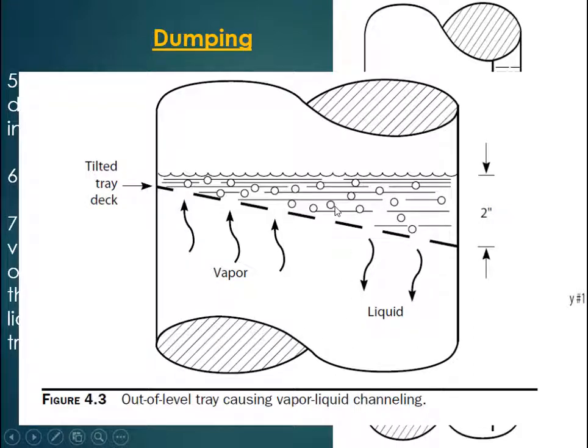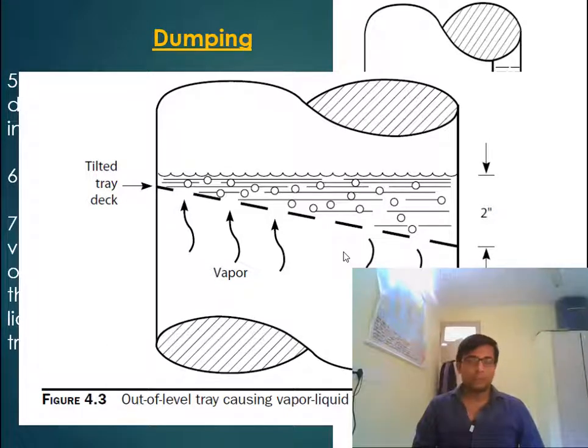I mean vapor is flowing from one part of the column, and liquid is flowing from another part, no intimate contact, so tray efficiency goes very small. So we can see that either by dumping or by mechanical problem, tray efficiency may go very low.